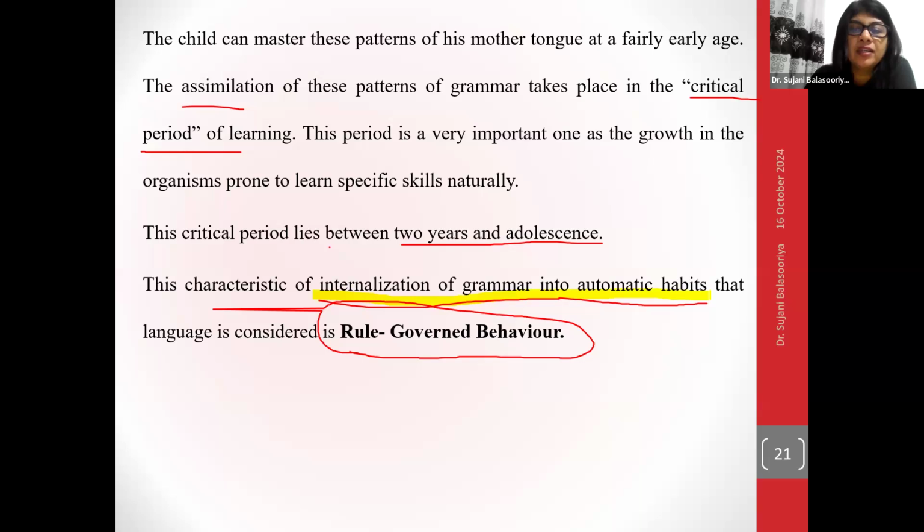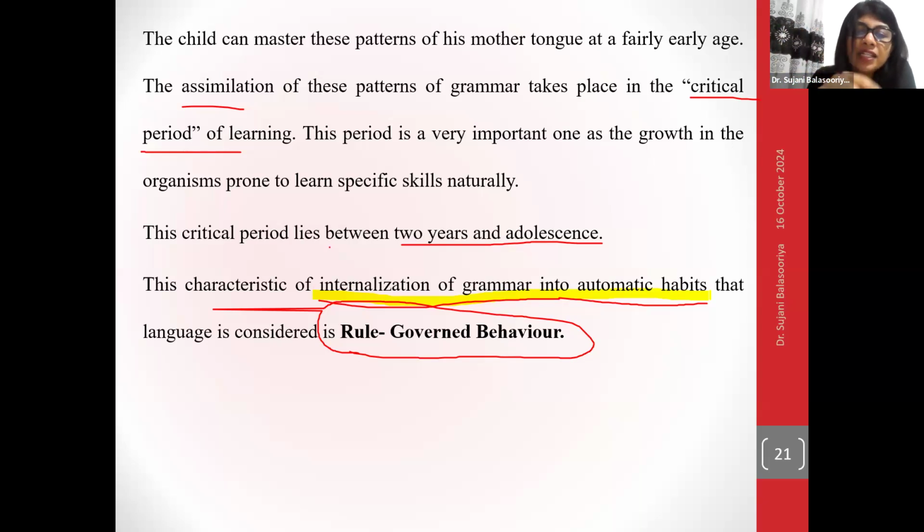Hope you can catch the basic idea behind this sentence, right? Internalization of grammar into habits that are being done automatically, automatic habits without thinking too much, right? Not deliberate, automatically. Even subconsciously, things are happening now, right?